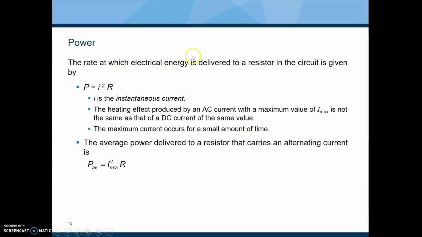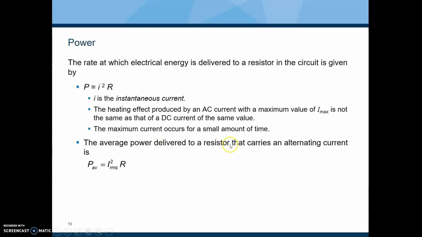Power. The rate at which electrical energy is delivered to a resistor in the circuit is given by P = i squared R, where i is the instantaneous current and R is the resistance. The heating effect produced by an AC current with maximum value Imax is not the same as a DC current of the same value. Maximum current occurs for a small amount of time.